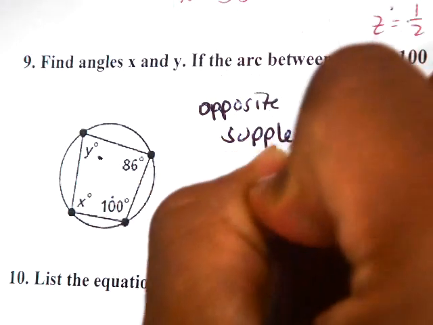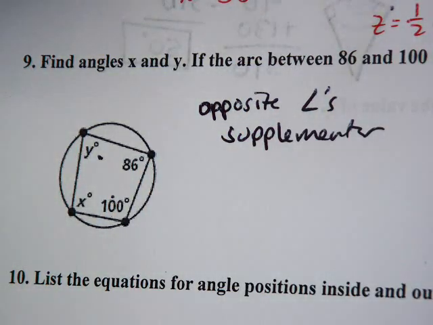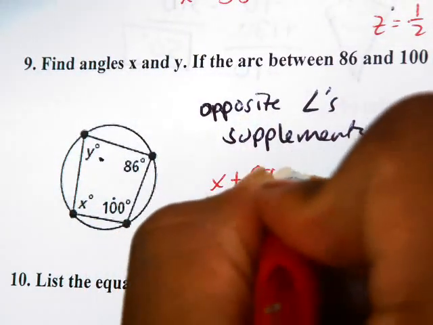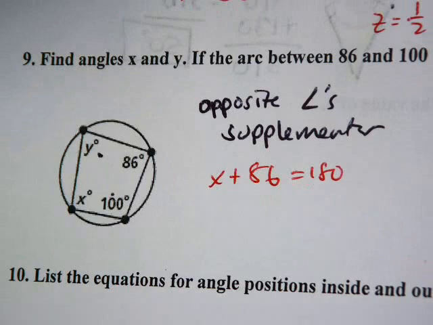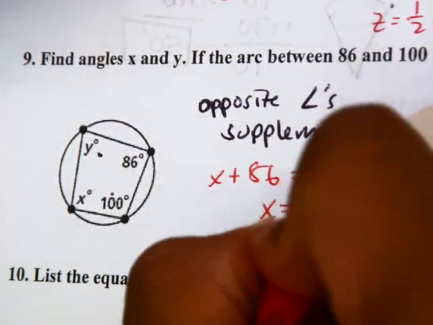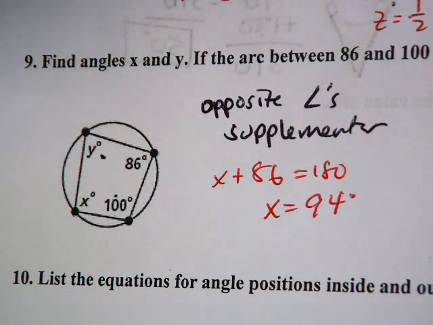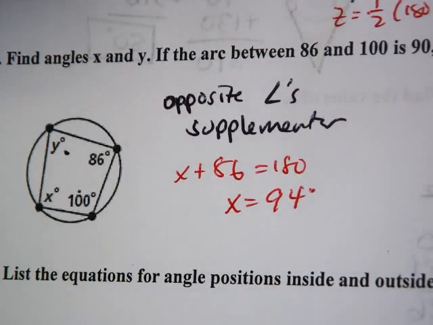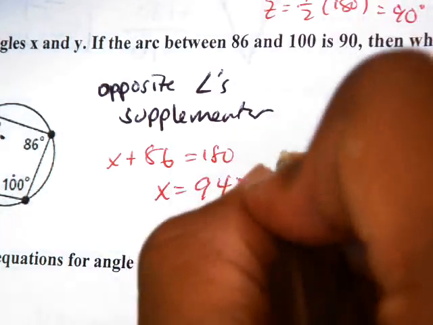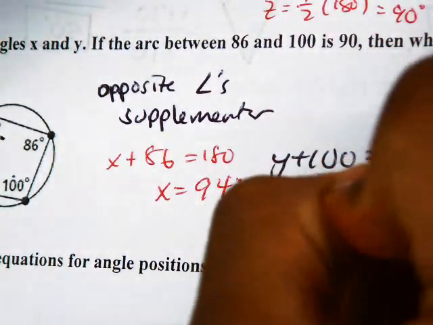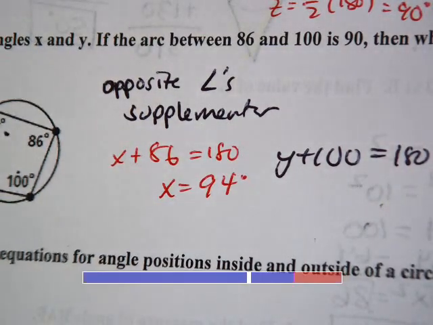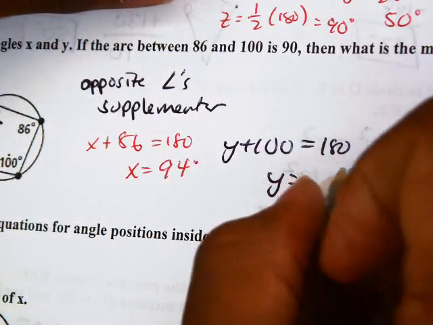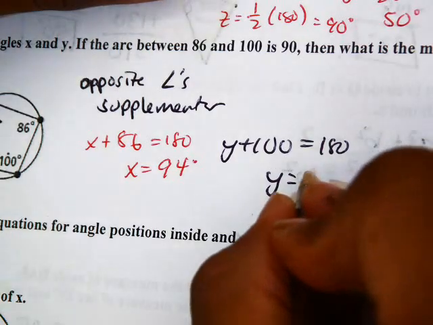That means the opposite angles add up to 180. So x plus 86 should equal 180. So therefore x has to equal 94. Y plus 100 should be equal to 180. Those are opposite angles. So therefore y has to be equal to 80.